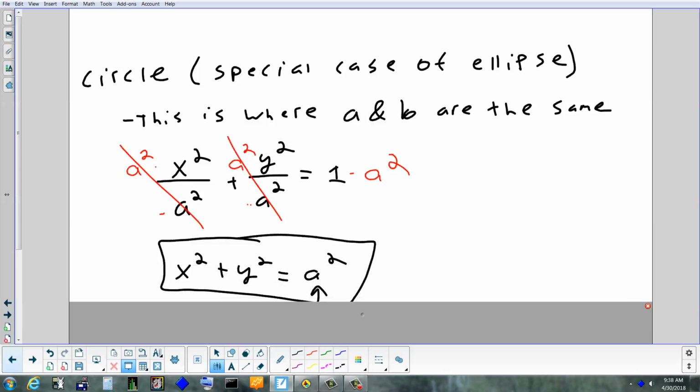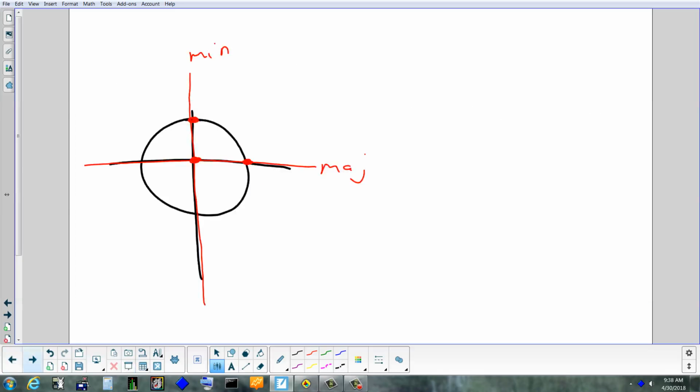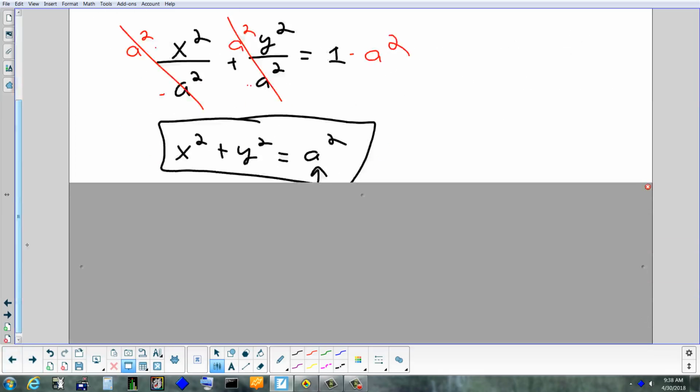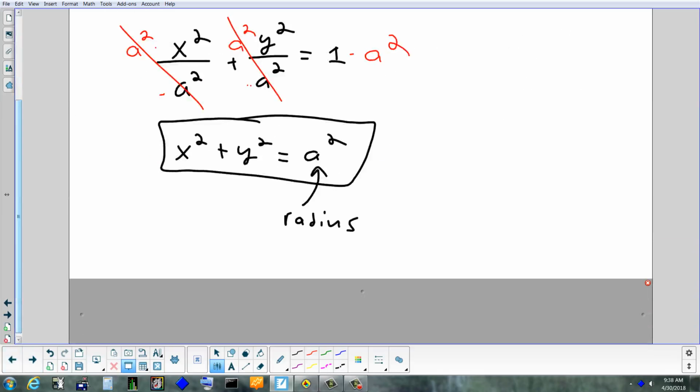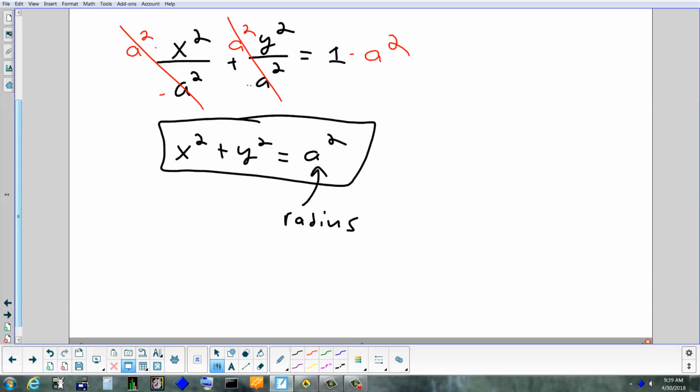They normally use a different letter. Does anybody know what the a is going to represent here? If you look back at this diagram, a isn't really the distance from the center to the vertex because circles don't have vertices. Maybe the radius. It's the radius. So you normally see the equation of a circle written x squared plus y squared equals r squared. So that's why it's just a special case of an ellipse. And that's all I'm really going to say about circles. Any questions on that?